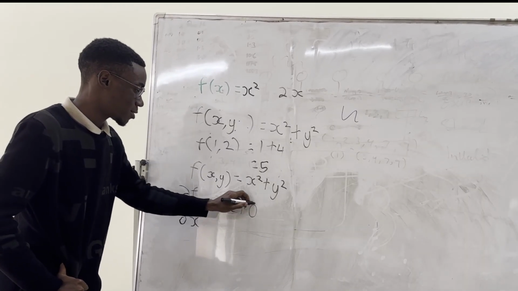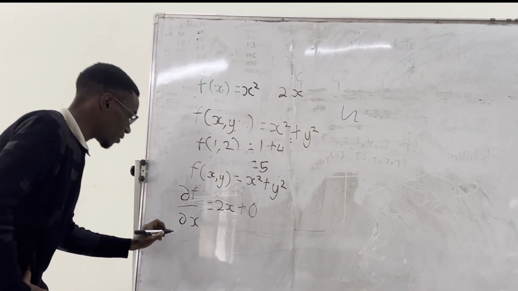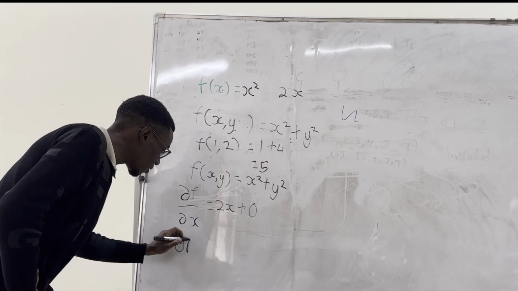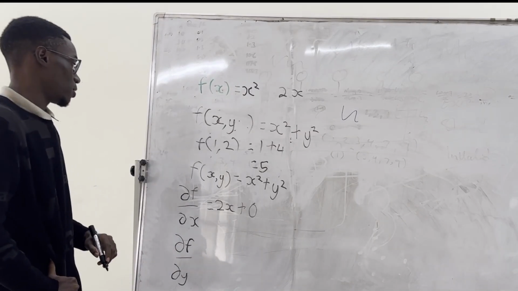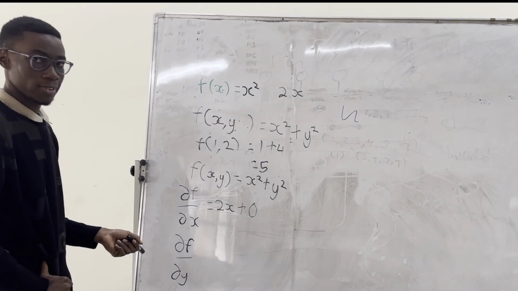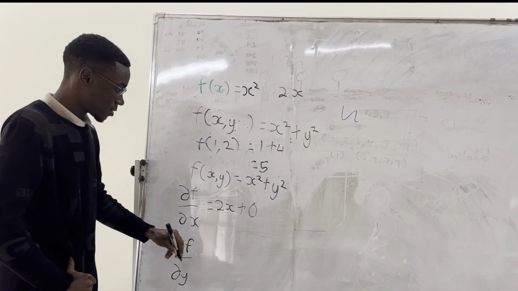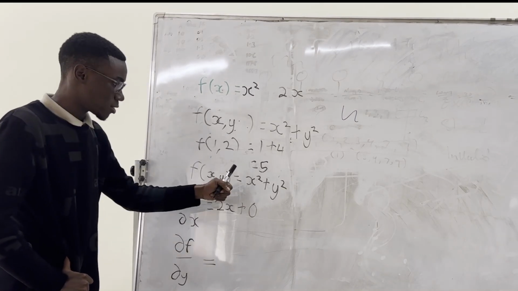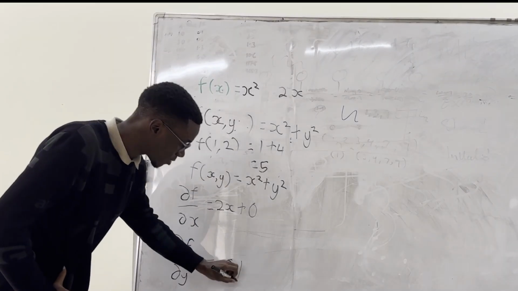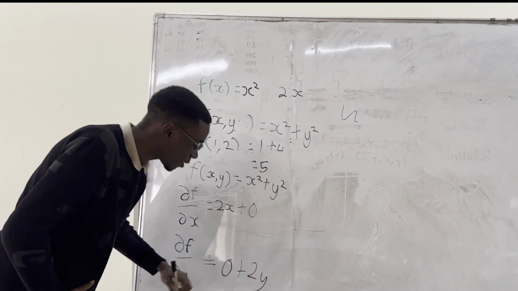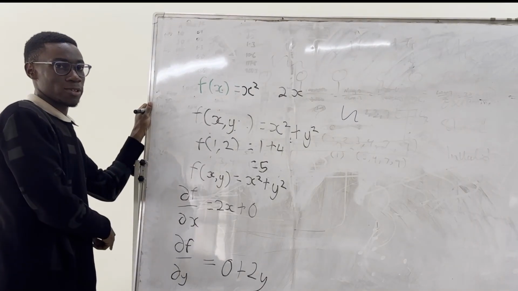So when you differentiate constants, you get 0. Now getting the partial derivative of this function with respect to y, in this case the x is now a constant. When you differentiate a constant, you get 0, and then y squared gives 2y. I think you're together to this point.